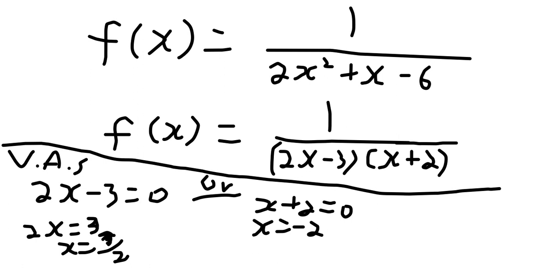So I've got two poles. One is at 3 over 2, and the other is at x equals negative 2. So I've got one vertical asymptote here at x equals negative 2, and the other one is at x equals 3 over 2. Well, 1 is 2 over 2, and 2 is 4 over 2, so 3 over 2 is the halfway point here.